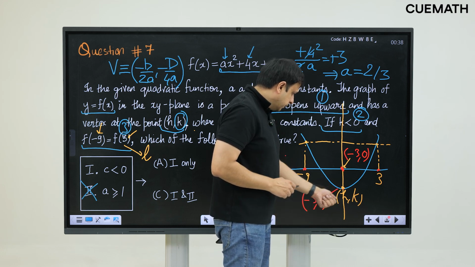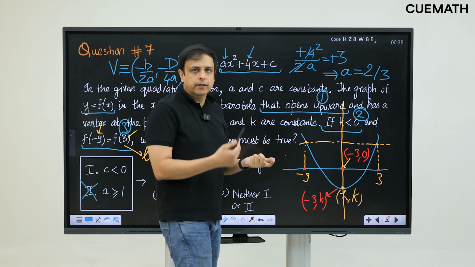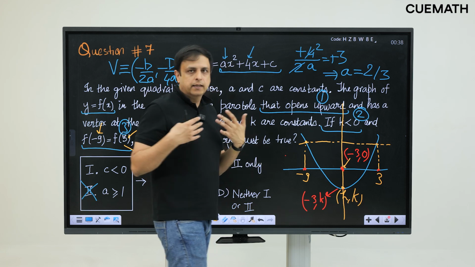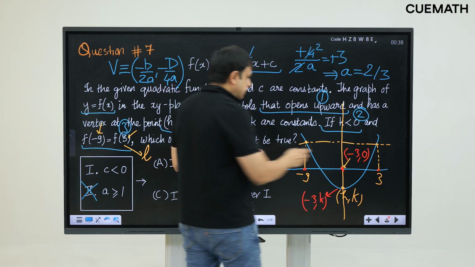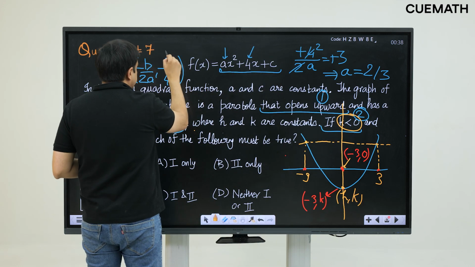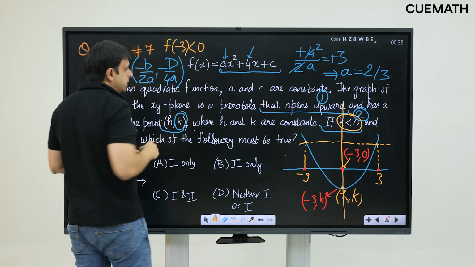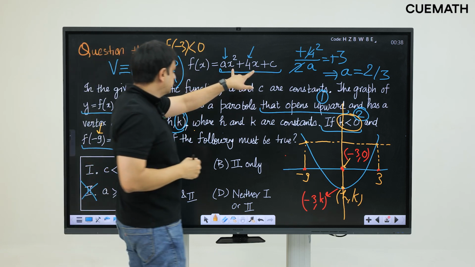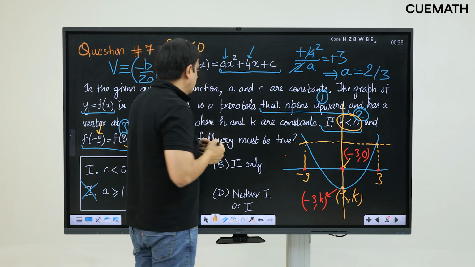If I put the x value into the function as -3, the y value is k, and we are told that it is negative. So, f of -3 is k, which is negative. So, if I substitute x equal to -3 into this expression, I should get a negative value.